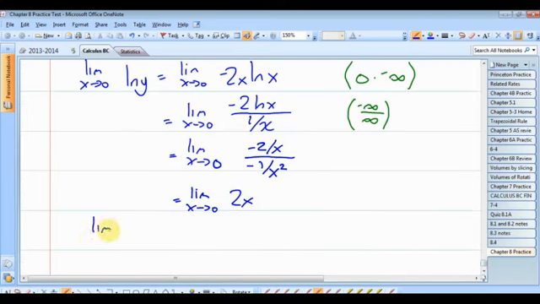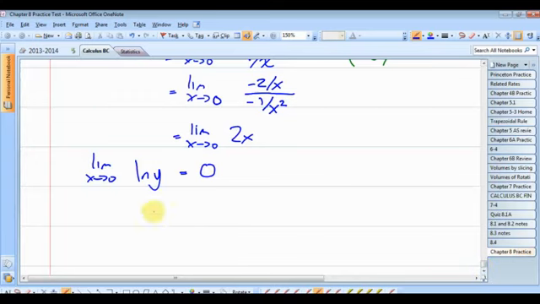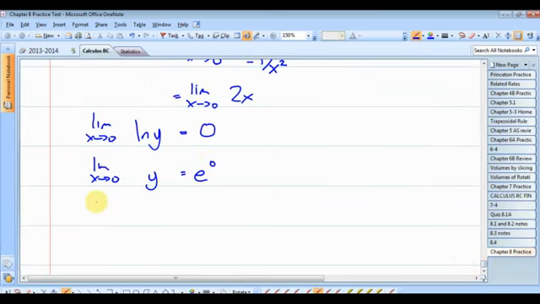So the limit as x approaches 0 of the natural log of y is equal to 2 times 0, or just 0. Therefore, the limit as x approaches 0 of y is equal to e to the 0. Therefore, the limit as x approaches 0 of 1 over x squared to the x power is equal to 1.